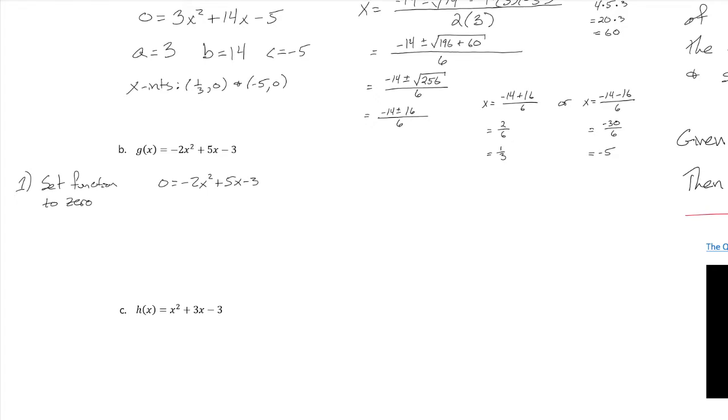We'll identify the a, b, and c. So a equals negative 2, b equals 5, and c equals negative 3 here. Then we're going to plug this into the quadratic formula.